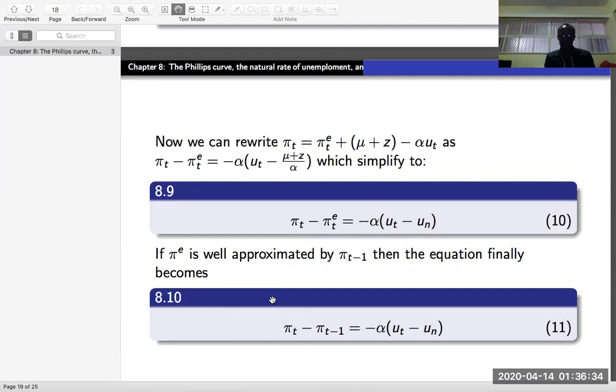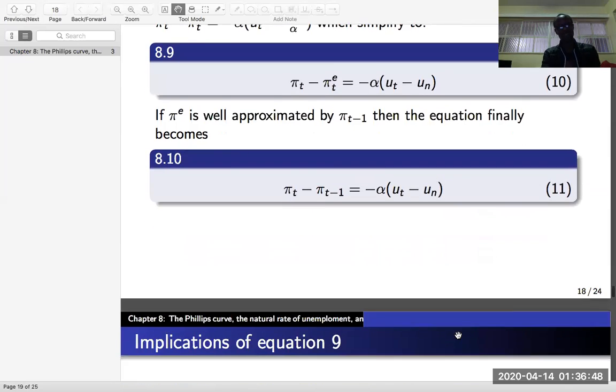If expected inflation is well approximated by last year's inflation, then the equation finally becomes this, which is that the change in inflation is given by the deviation of unemployment from the natural rate.